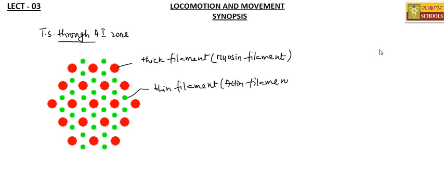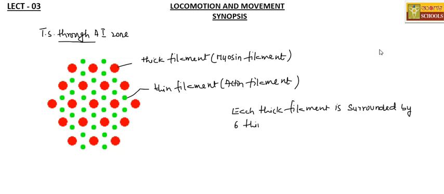It's called actin filament. Okay, so now each thick filament is surrounded by 6 thin filaments. So you can see here 1, 2, 3, 4, 5, 6. So there are 6 thin filaments.